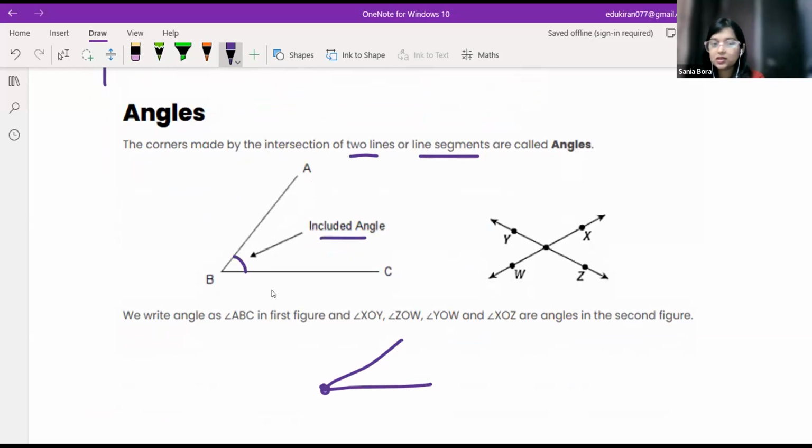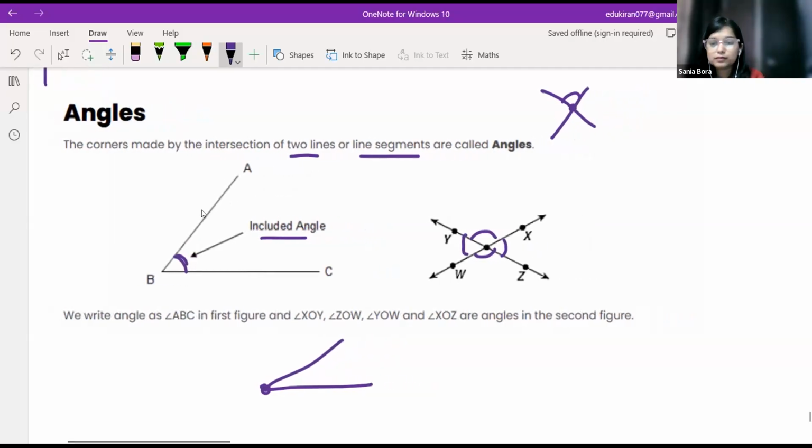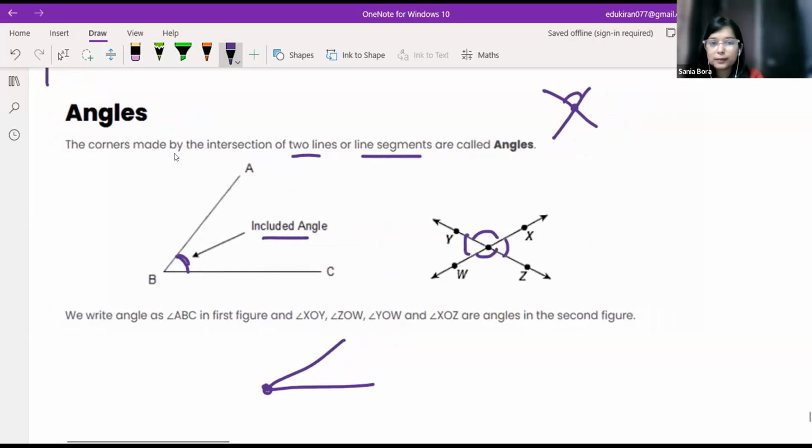Sometimes the lines will intersect each other, and then also angles would be formed, like here, this angle, this angle, this angle, this angle. Sometimes the lines would be meeting at a corner. So sometimes they will intersect each other and sometimes they will meet. These are the two ways where angles can be formed. Done?